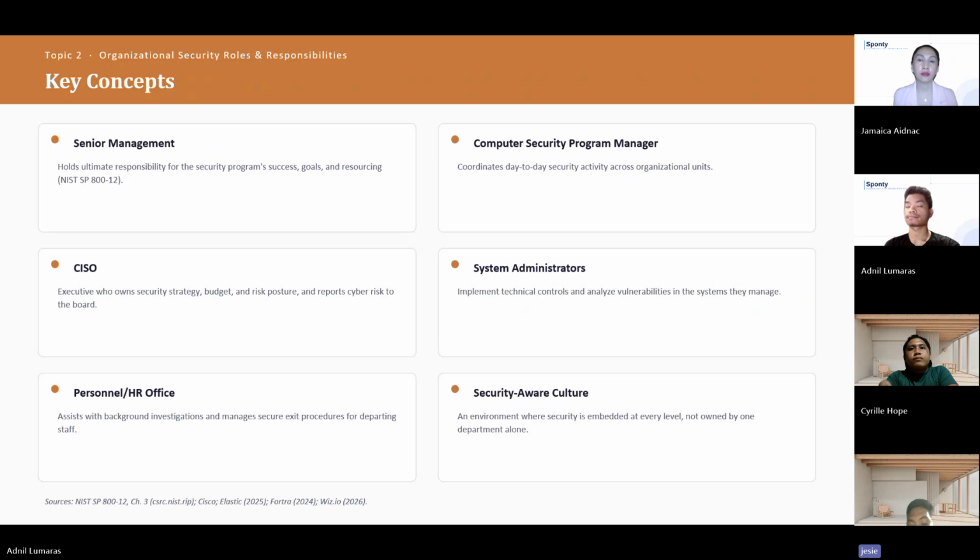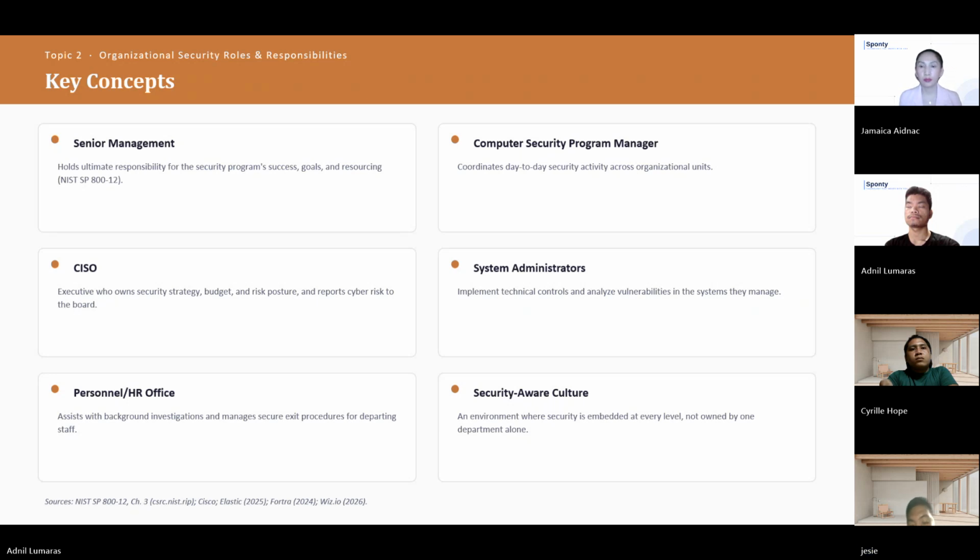In smaller organizations, one person may hold several of these specialist functions at once, while larger organizations typically split them into dedicated teams, each reporting up through the CISO office.